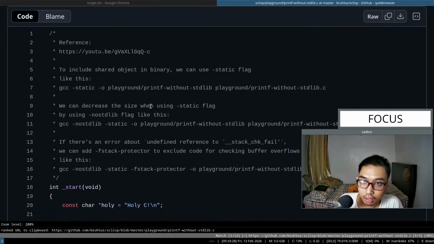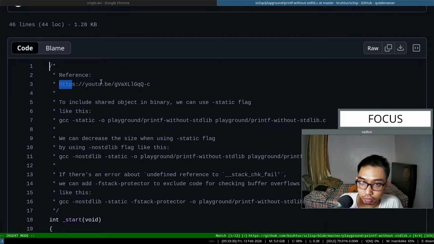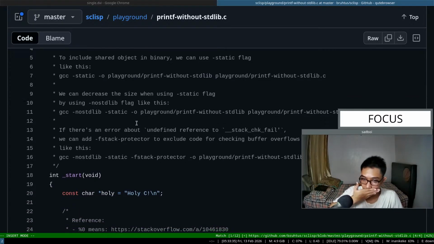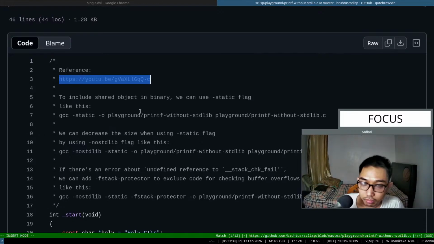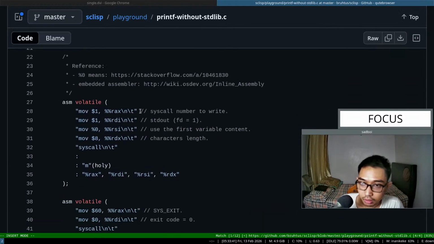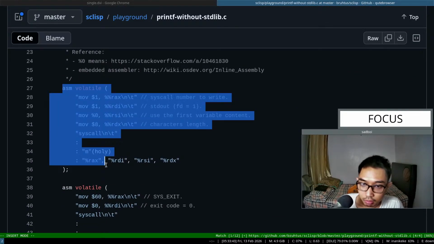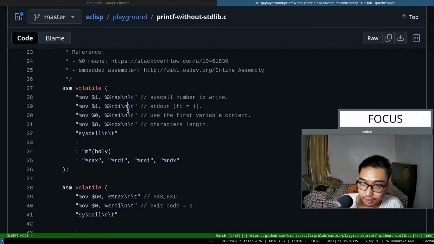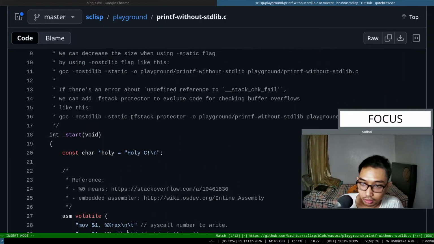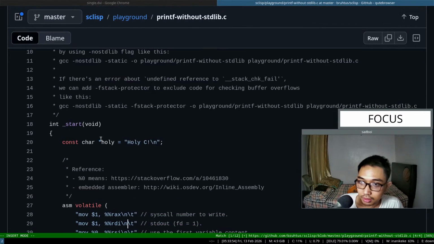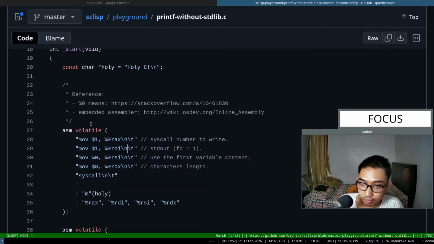So I've tried an example from some YouTube video, right? We can kind of replace printf with this assembly, so we are not using any library at all with this C source code.